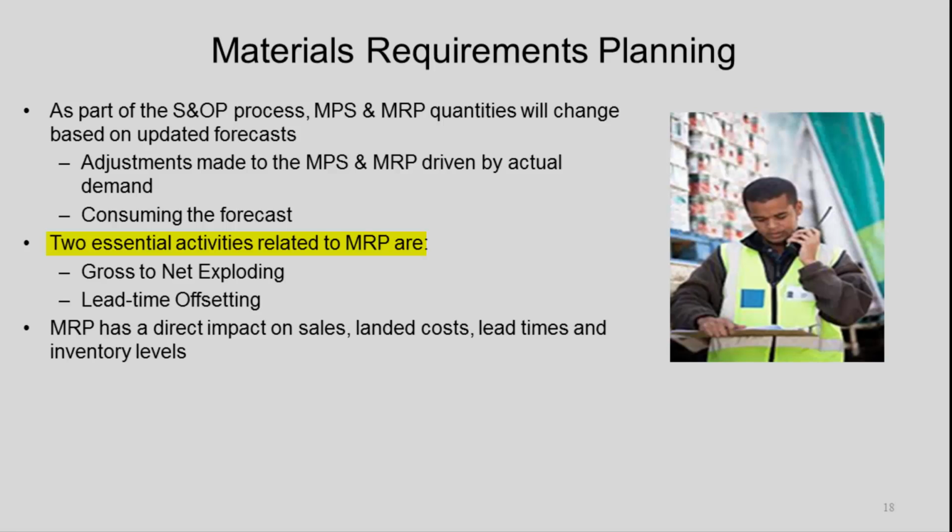Two essential activities related to MRP are called gross to net exploding and lead time offsetting.